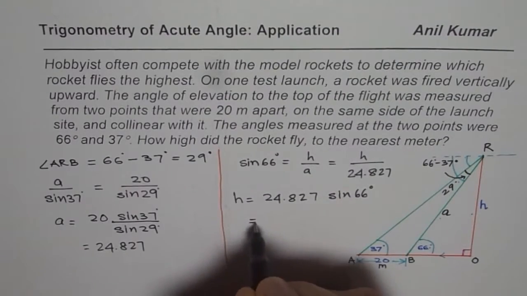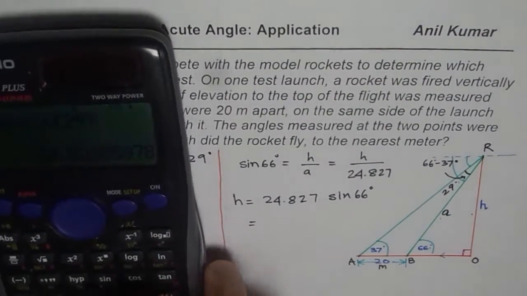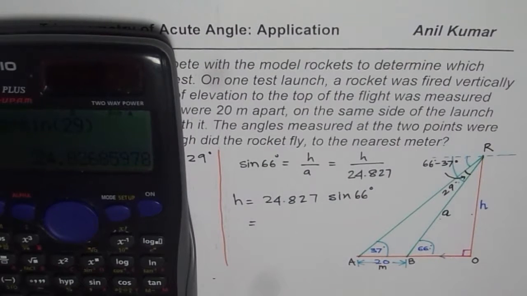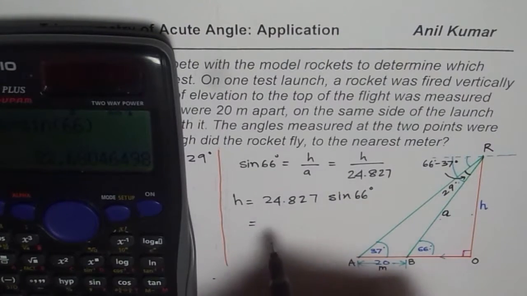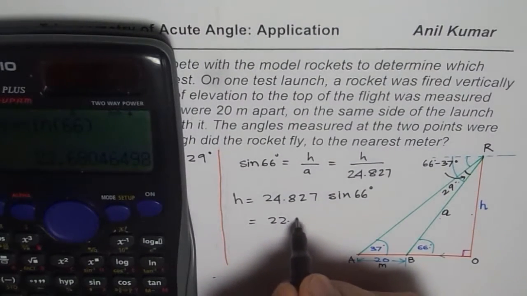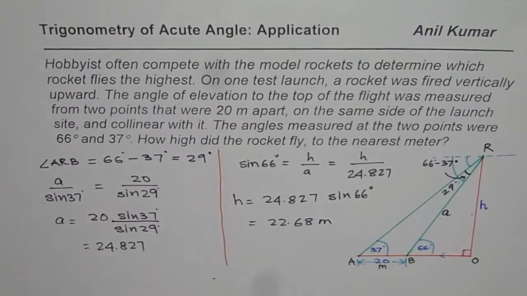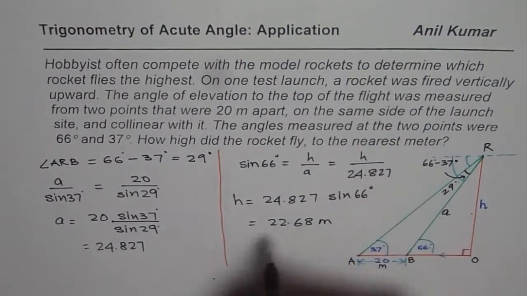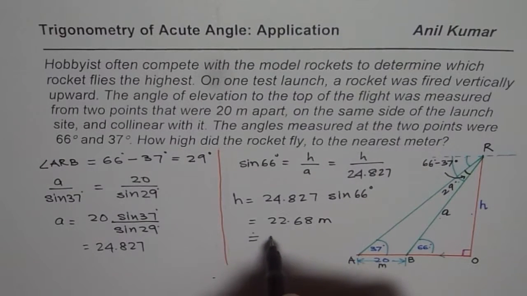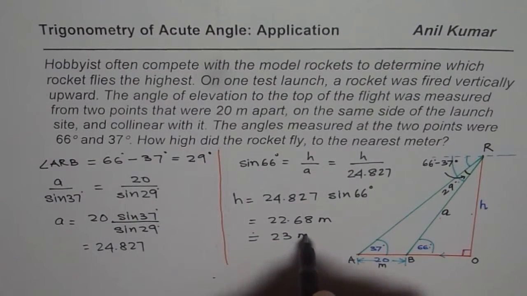So that is how we can do it. So simple, right? I already have this number. I have to multiply this by sine of 66 degrees. That is it, right? So we get 22.68 in meters. Now the question says to the nearest meter. We'll just round it to 23 meters, right?